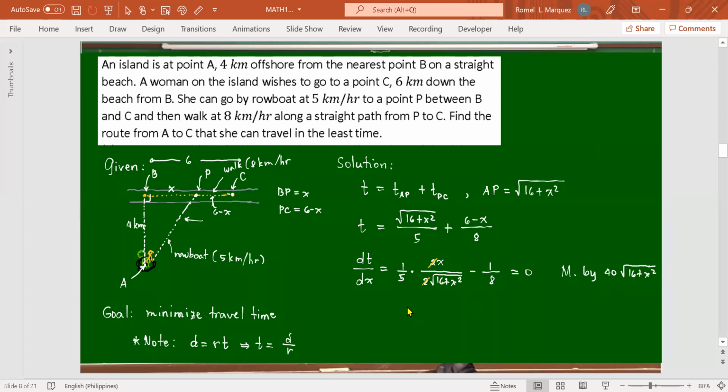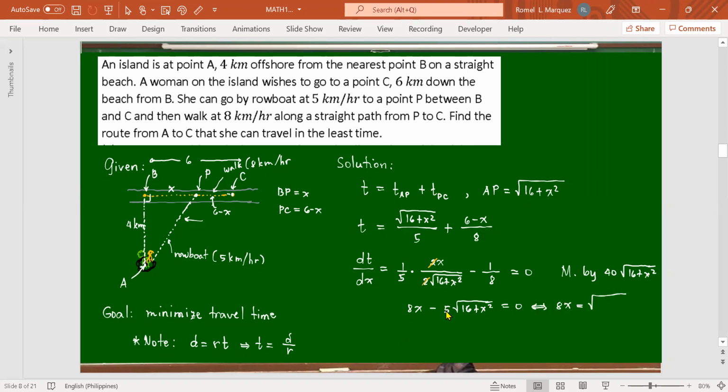What's the answer? 8x minus 5 square root of 16 plus x squared equal to 0. So square each side. Put it on the right side. And actually sa math, formal math, we don't say transposition. Although in layman's terms, transposition, but in math, we don't really want that.